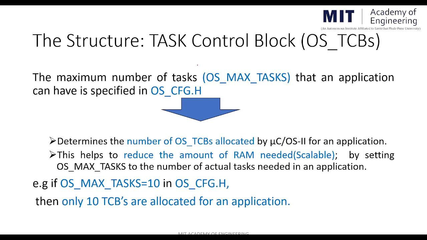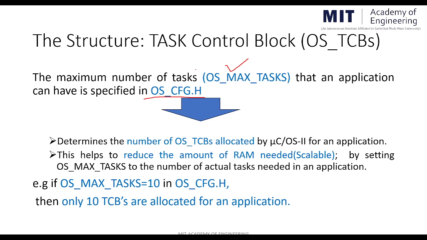It depends on how many tasks are created for the application. MuCOS2 is a scalable operating system where we can decide how many tasks are needed for a particular application, washing machine, fridge, whatever. So one variable is assigned in the config.h file for that.